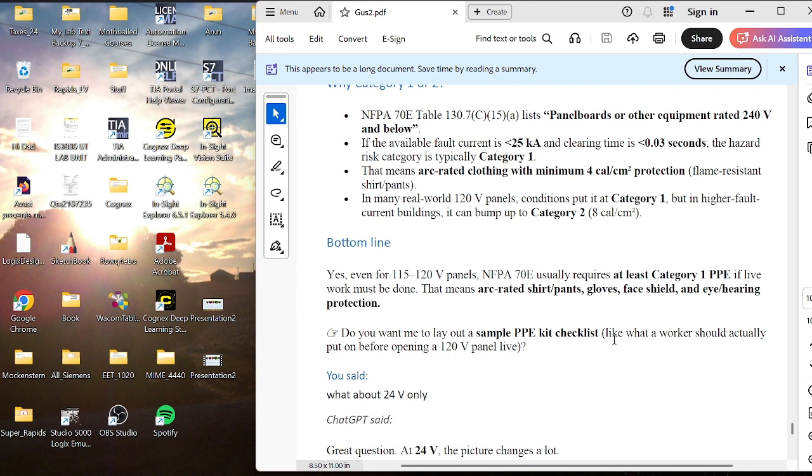But the other thing that they didn't mention is falls. They don't talk about falls. But if you get electrocuted, if you get shocked, and it doesn't have to be much, you first of all react, and if you're on a ladder, you fall.